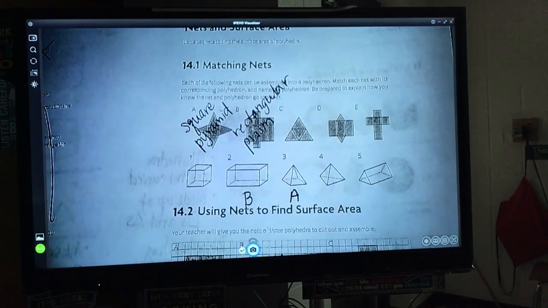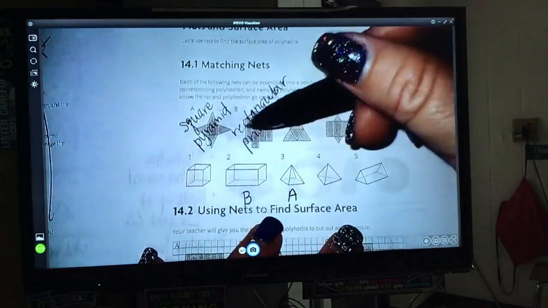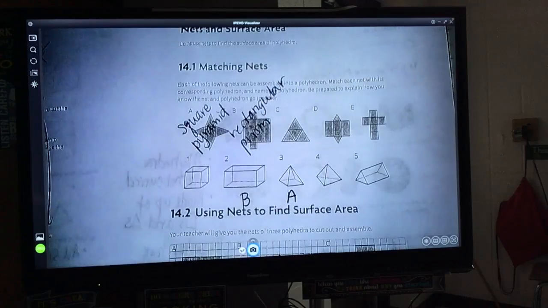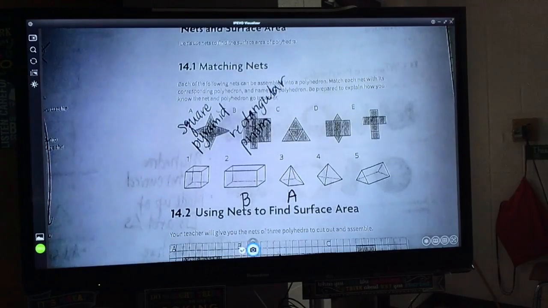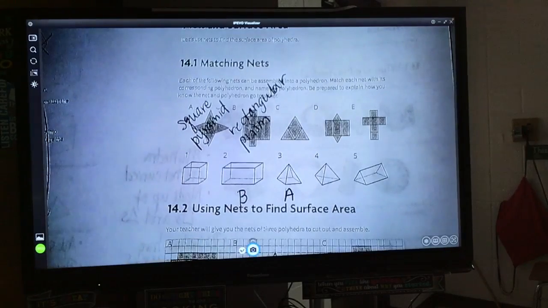It was, but what are the features of the rectangular prism? All the sides are what? A rectangle. So technically, these long sides are rectangles, so it's made up of rectangles. Does that make sense? Because a pyramid, all the sides are made up of what?